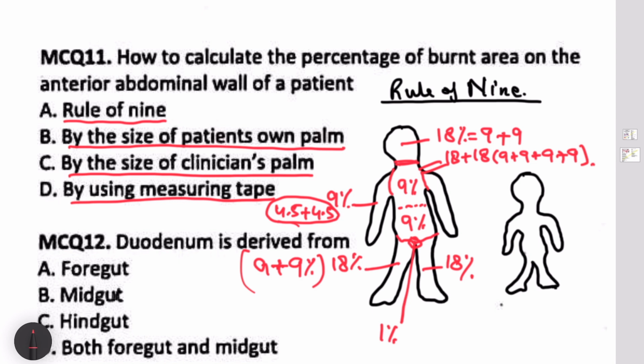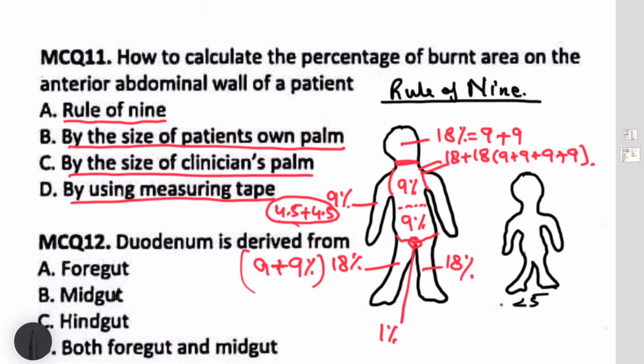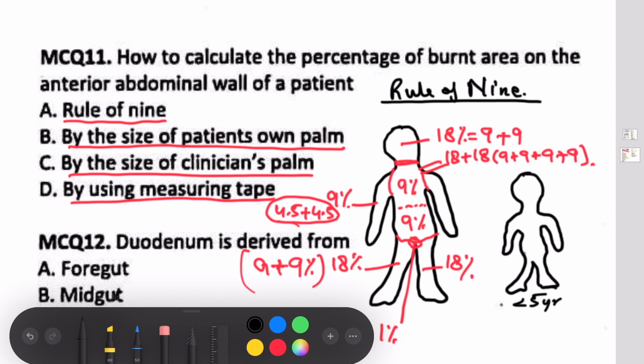Now, in a child less than 5 years, I'm writing here because, you know, less than 5 years. Actually, if you talk about a 10-year-old child, there will be some difference in this percentage calculation, or even at 15 years, again, it will be different. But what generally is asked is about the child, meaning less than 5, and an adult.